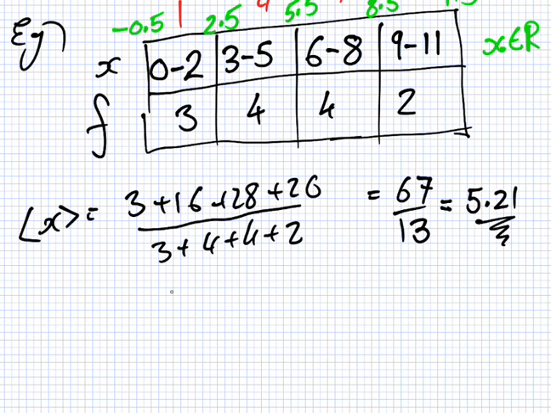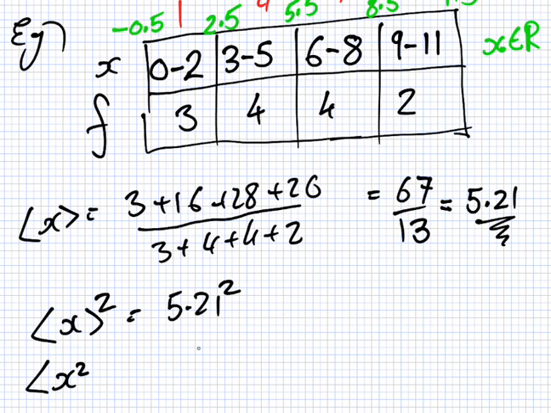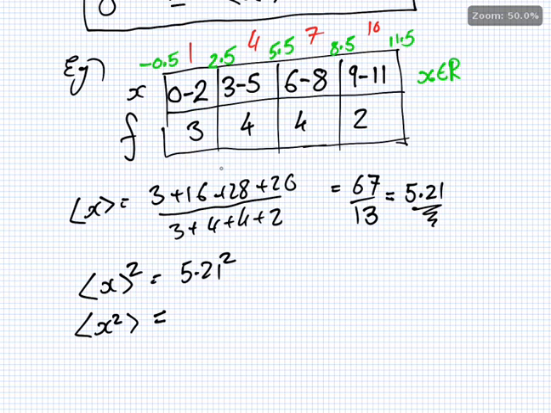Right. So next we'll need to get the squares. Well, first I'll just get the square of this one, 5.21 squared. And next I'll need to get the squared average, the average in squares, I mean. So what I'll just write here is, these will all become squares now.